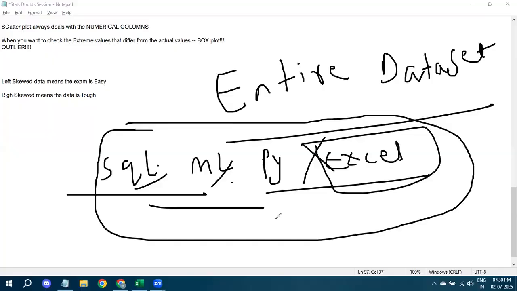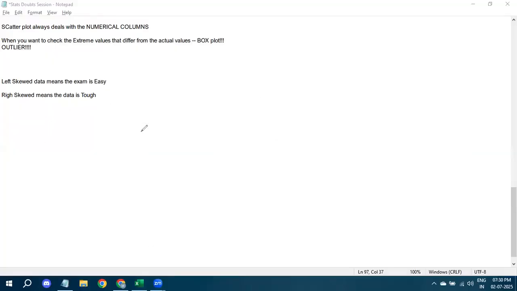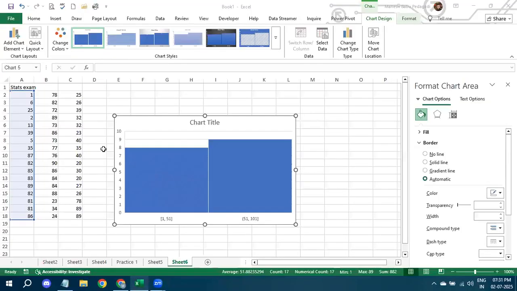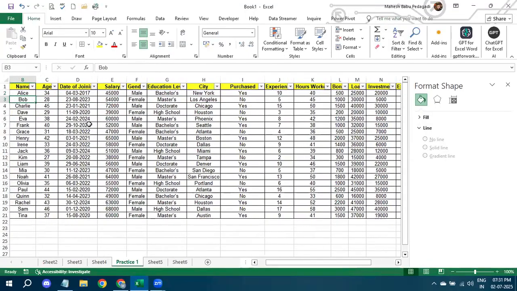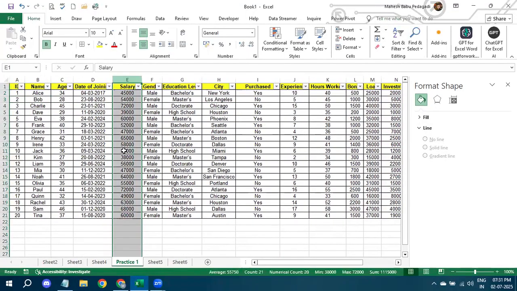I understood this, but my question was, in Excel, what we are doing is picking up single marks or salaries. So let's say I am picking up the salary. This is my whole data set.